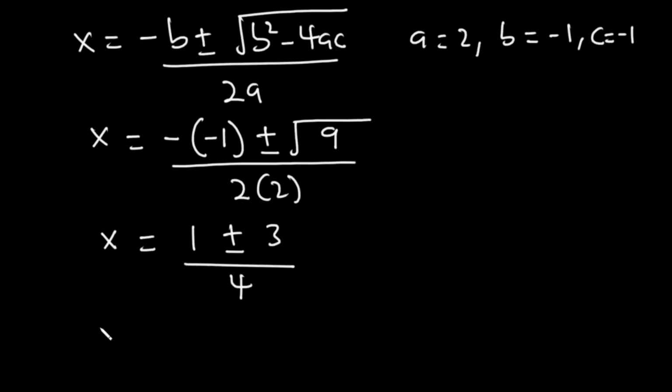So the first solution is x is equal to 1 plus 3 divided by 4. 1 plus 3 is 4, and 4 divided by 4 is equal to 1. So x is equal to 1.